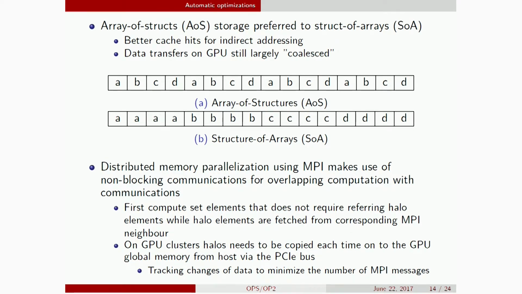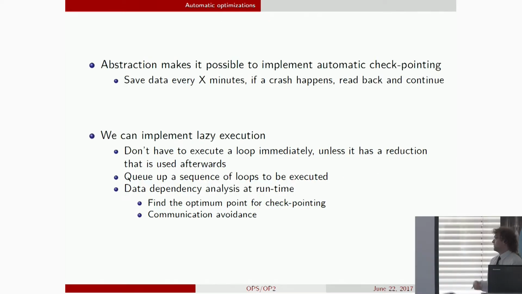And for example, if we want to use MPI and multiple nodes, we can automatically split our mesh into parts, and because we know which data the operations will read or write, we can determine when and how we should send our messages through MPI. So it can be used to minimize the MPI messages sent automatically.